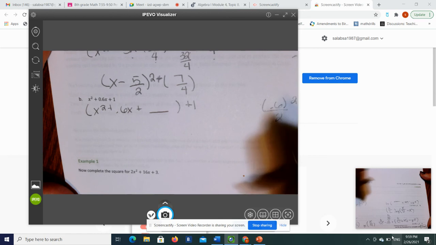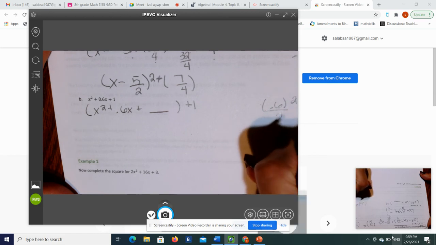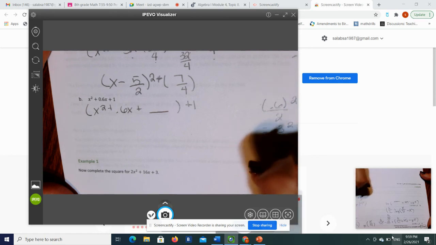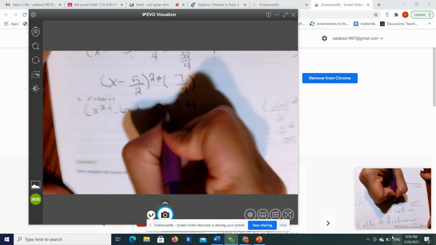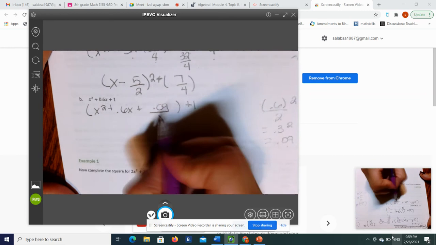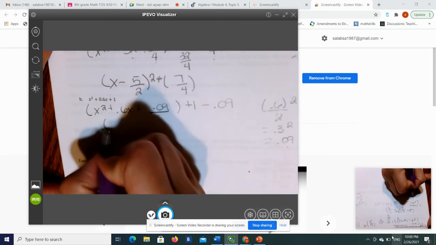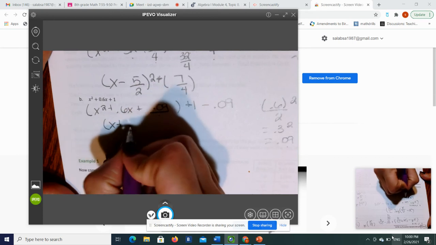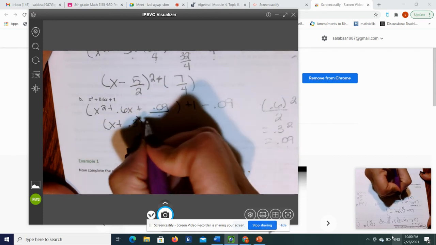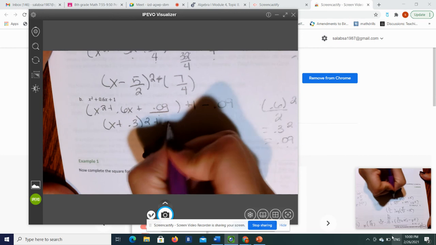So 0.6 over 2 equals 0.3, squared, which equals 0.09. This 0.09 goes right here. Since you added here, you're going to subtract it here. So now we're going to get our final solution, x plus 0.3 squared plus 0.91.